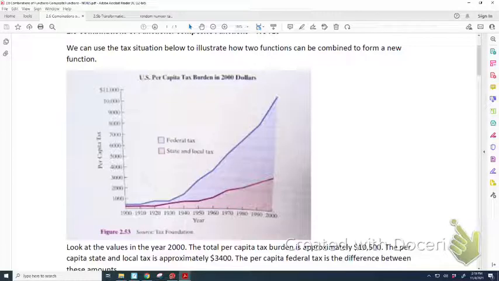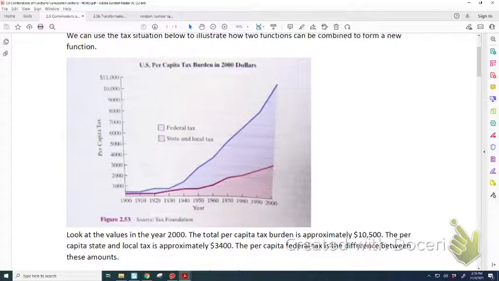See how it just says per capita tax. So back in 2000, if you go to this far right spot on the bottom of the x-axis, there's 2000. Go up to the very, very top, across, that's 10,500. That represents total tax, state plus the federal.